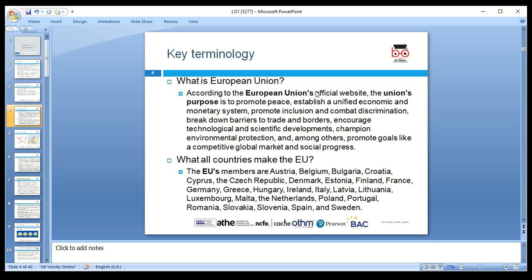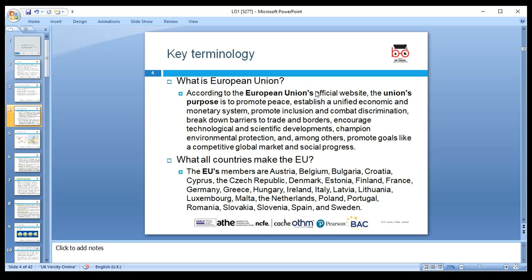Okay, so key terminology. According to the European Union, the objectives are to promote peace, establish a unified economic and monetary union, combat discrimination, break down barriers to trade and borders, encourage technology and scientific development, champion environmental protection, among others, and promote goals like a competitive global market and social progress.